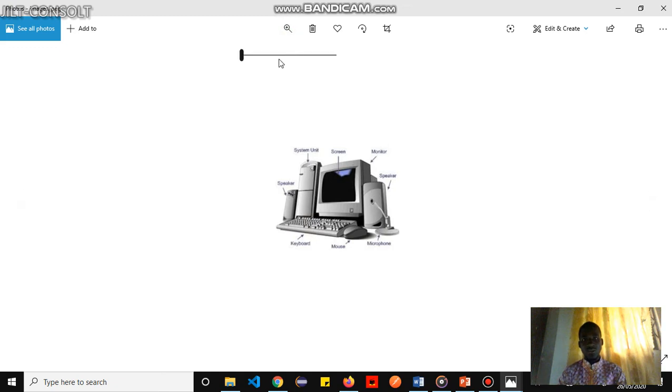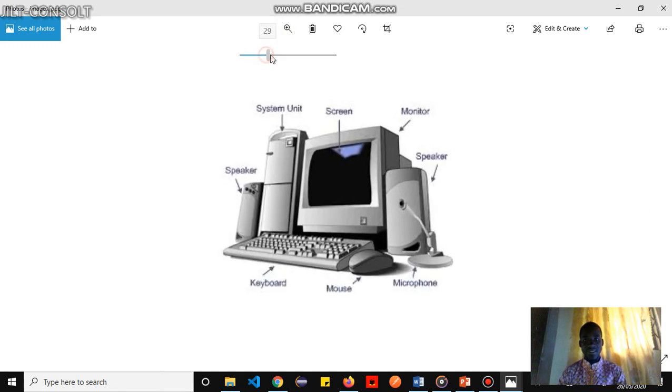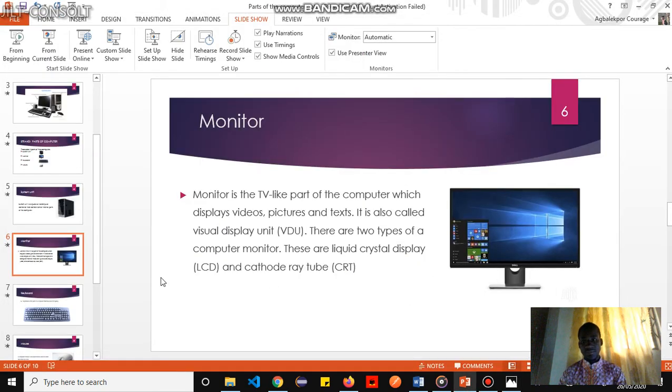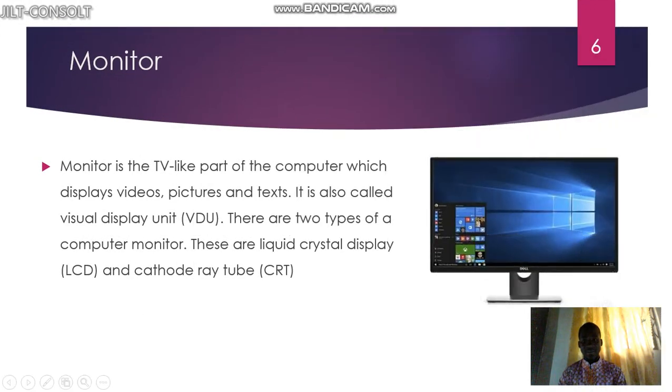That's the old type of computer. Yes, you can see it here. So this is the cathode ray tube. The one I'm showing to you in the slide is the LCD, or the liquid crystal display. Okay, good. So now let's continue. Alright. So now we know the liquid crystal display and we know the cathode ray tube.